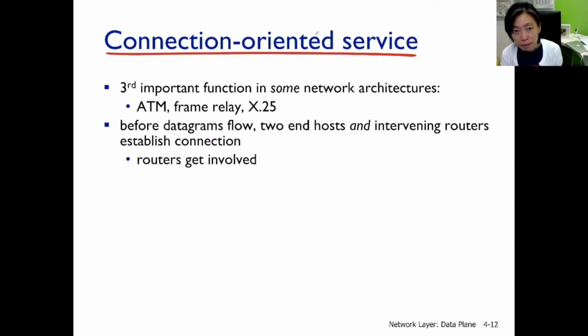The second camp, the connection-oriented service, is the opposite. The end systems, as well as the routers in the middle, would actually exchange messages and establish a connection before the data flows. This is implemented in some of the old architectures, old systems. ATM, this is not the bank ATM machine that you withdraw money from.